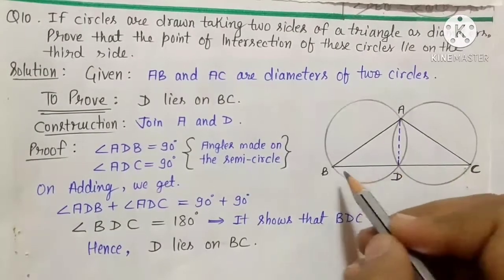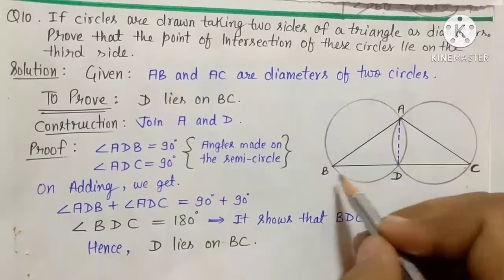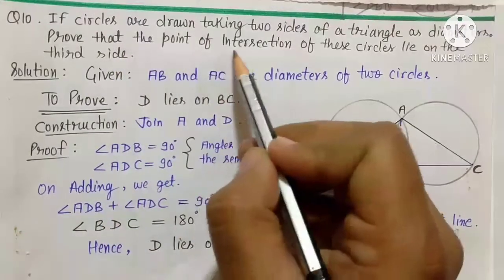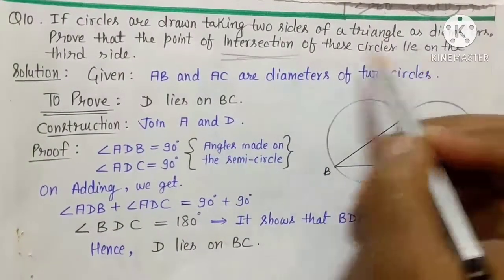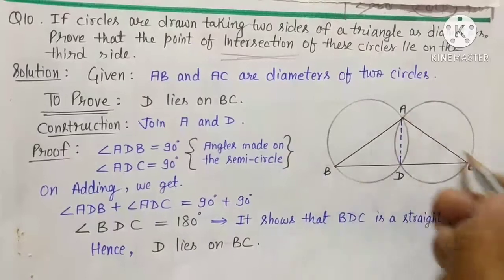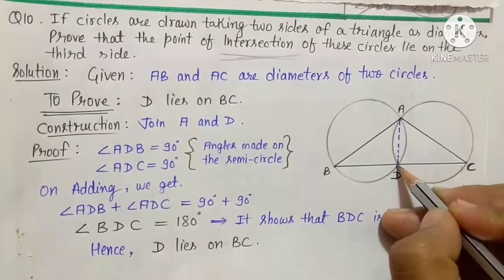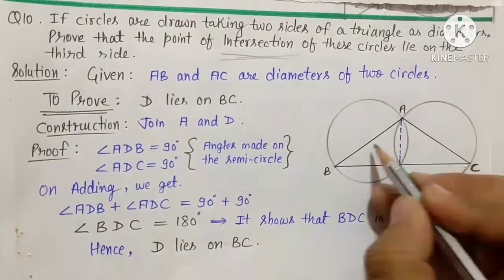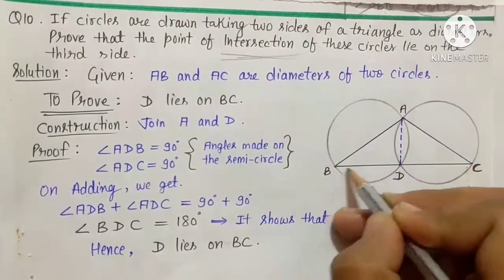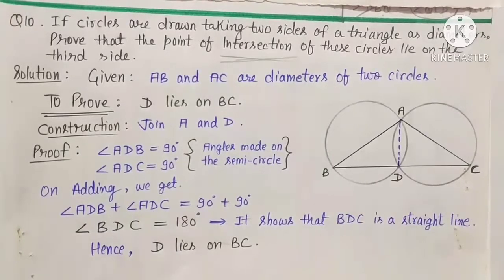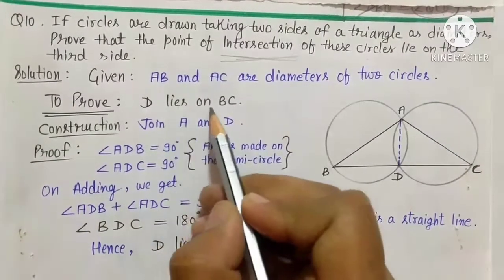Third side means, 1, 2, and this is the third side BC. So we have to prove that the point of intersection D of the two circles is lying on the third side, BC. D lies on BC, we have to prove.